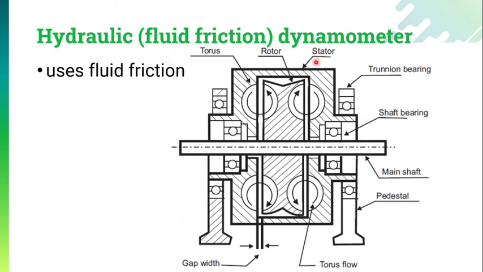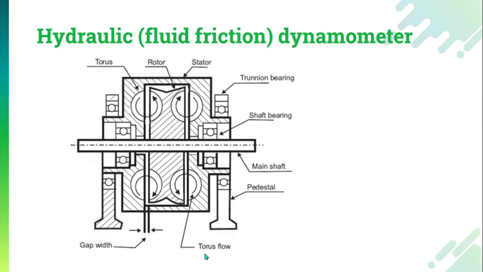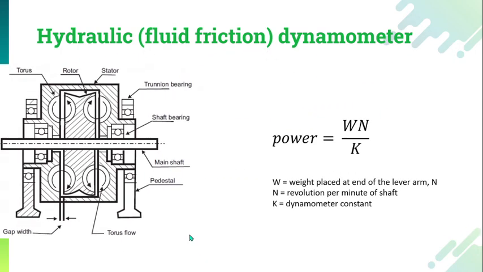Now let us check out the working of this particular hydraulic dynamometer. When we talk about the working, the rotor is going to rotate with this shaft.